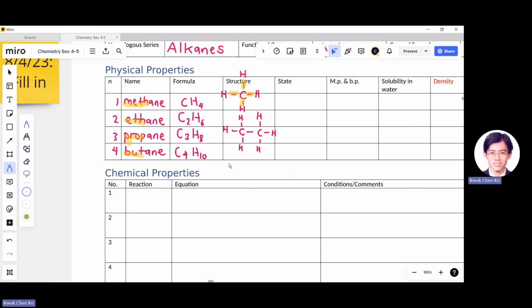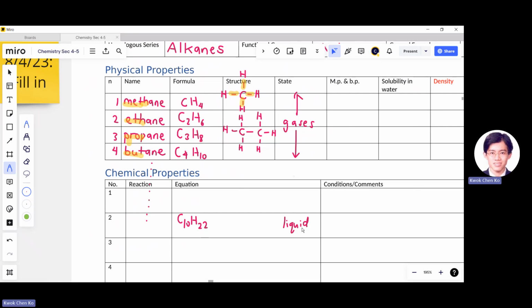Good news, very easy to remember. All 4 are gases. But obviously there are many others down the series. When you go to, let's say, C10, C10 should be H how many? Once you reach this one, it is a liquid.